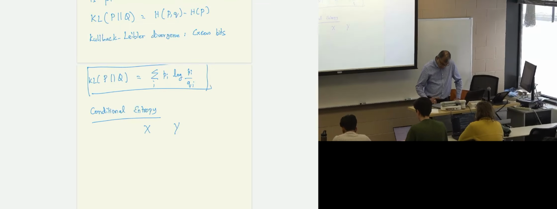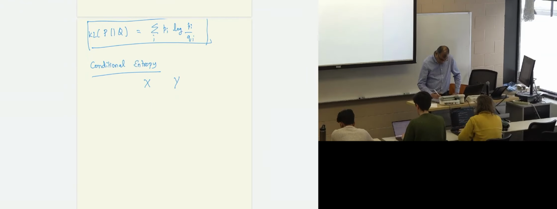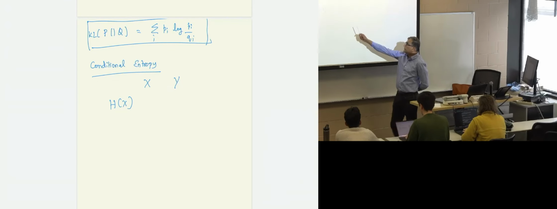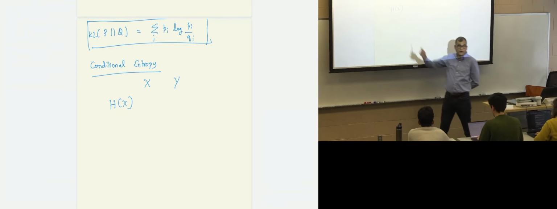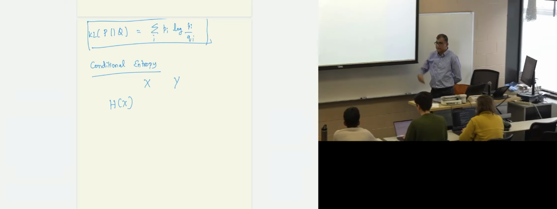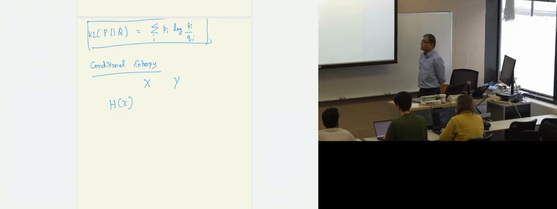So, you know what h of x is, right? It's the average uncertainty associated with random variable x, or the average amount of information you expect, depending on which viewpoint you take.